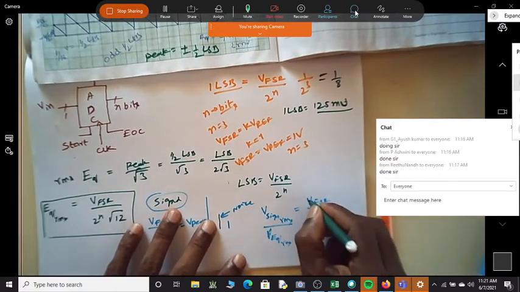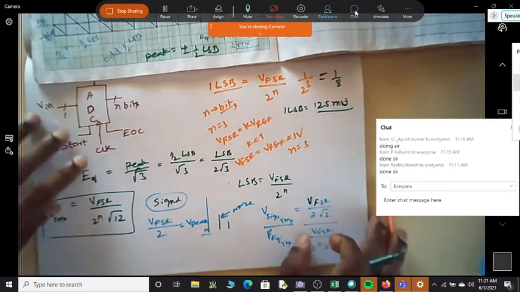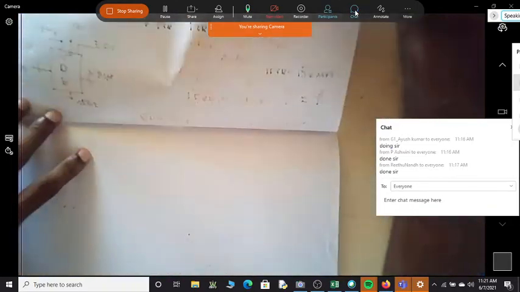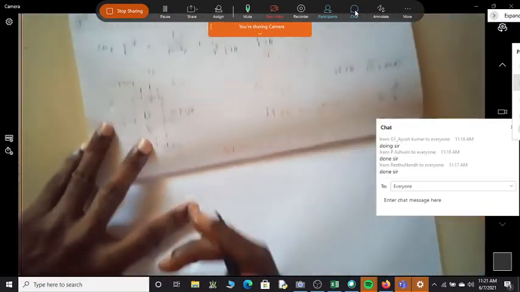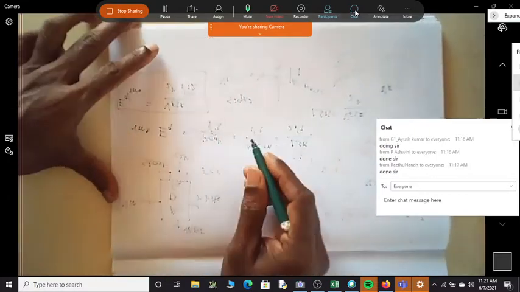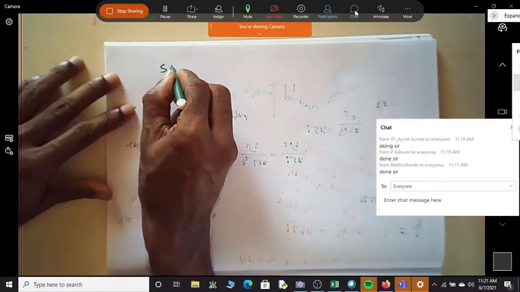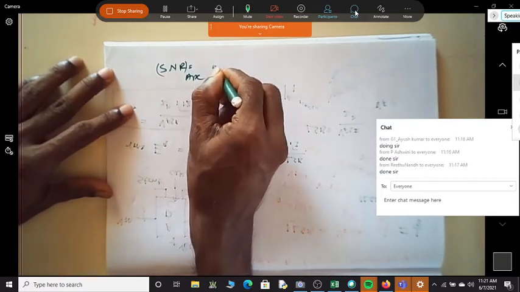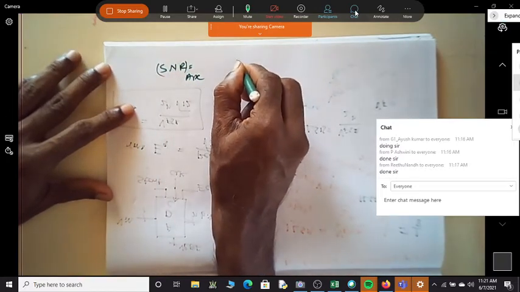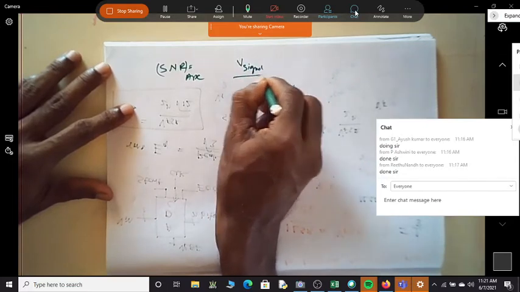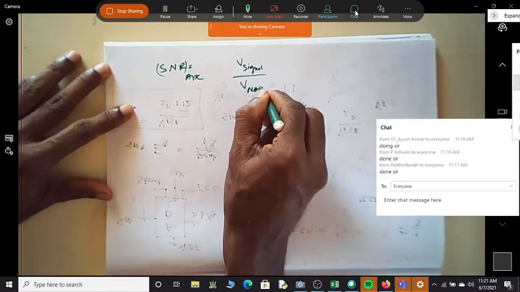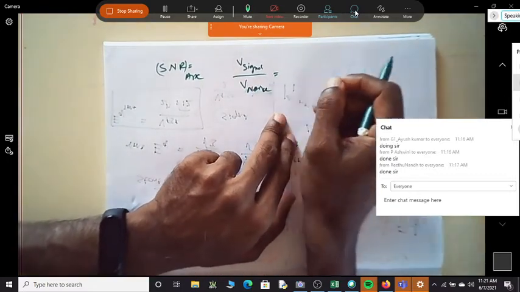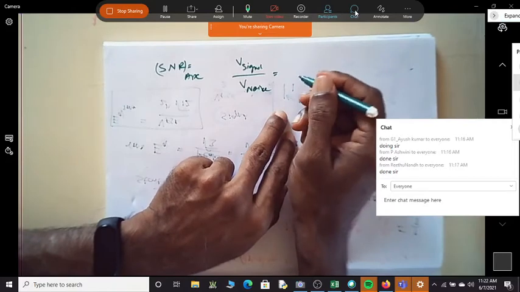Let me write it. Let me put signal to V noise. So we have the signal to noise ratio of an ADC as V of the signal by V of the noise. Noise here is quantization noise. Quantization means when you are sampling, what is the error?